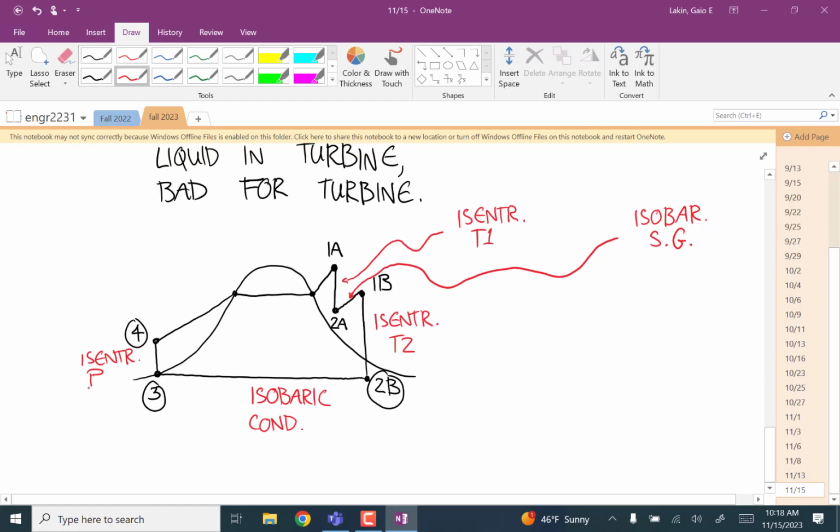Then you have an isentropic pump. And just like before, this is an incompressible material. And then the last one is the steam generator, and this is isobaric.